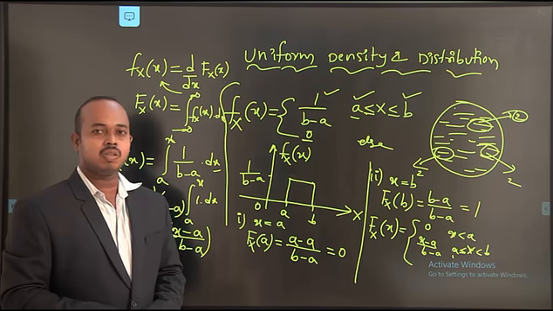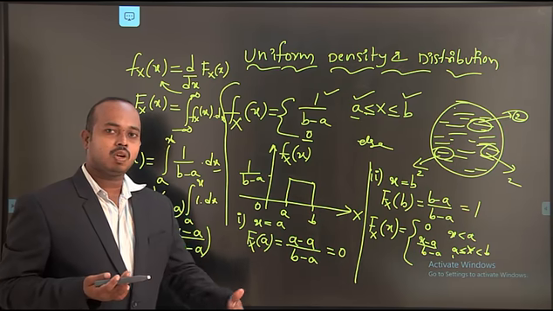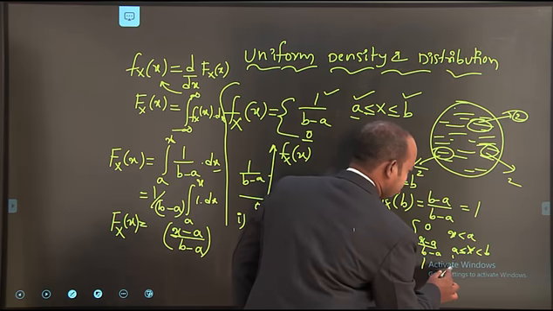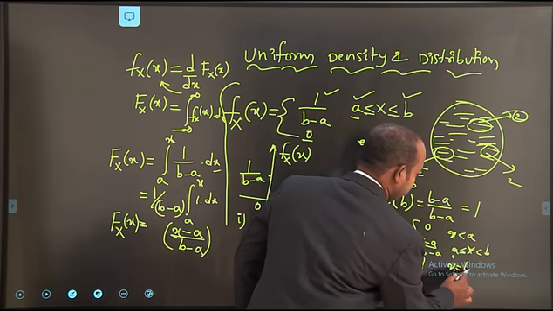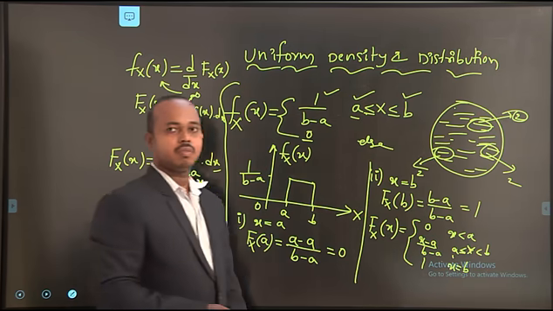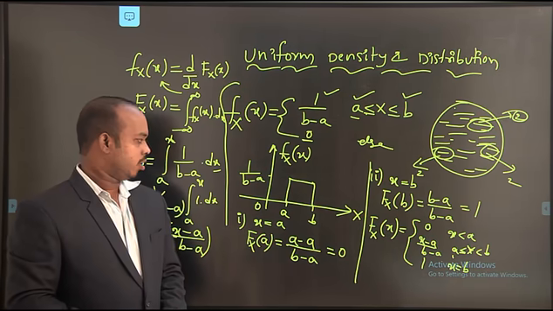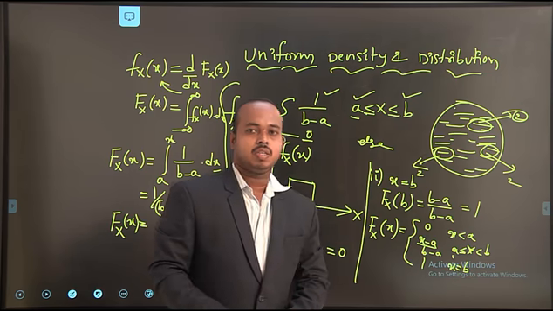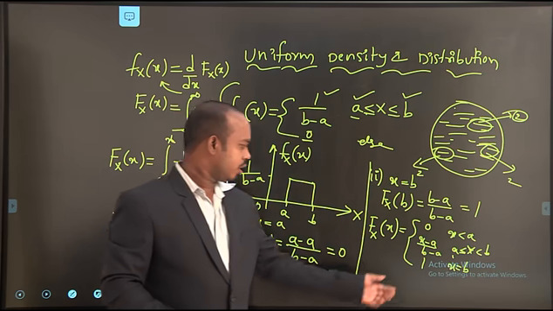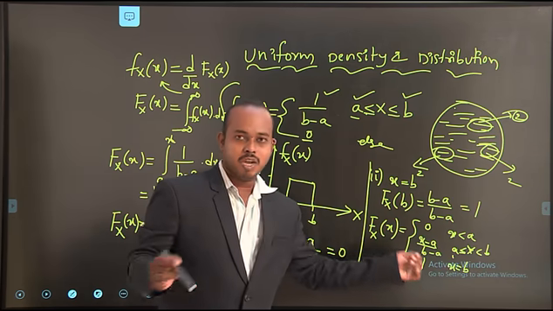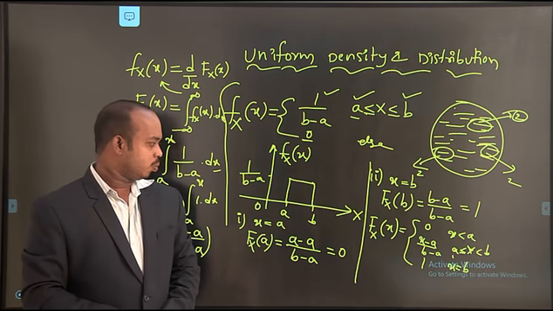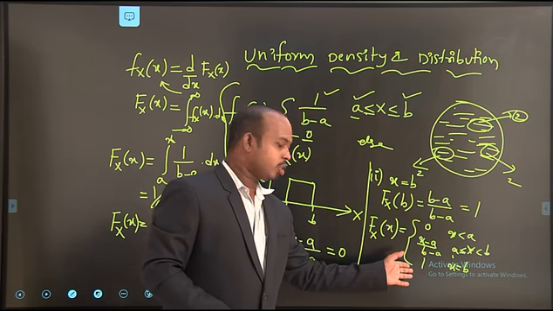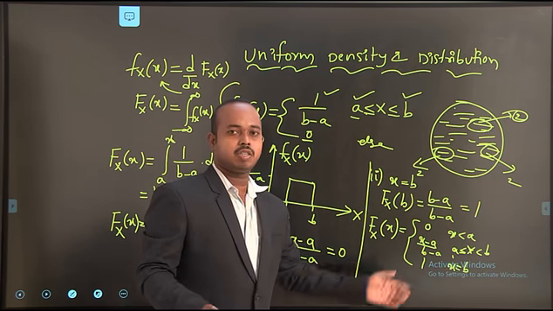The distribution function value is unity when x is equal to b. That's why I am writing here 1 where x is equal to b. Here I am not using the equal operation; when we consider x equal to b, the magnitude is 1 for the distribution function.